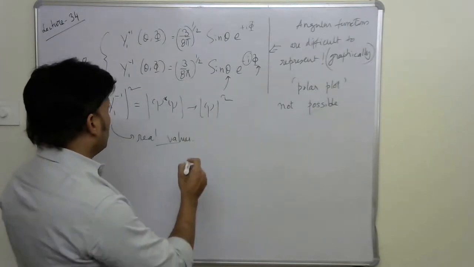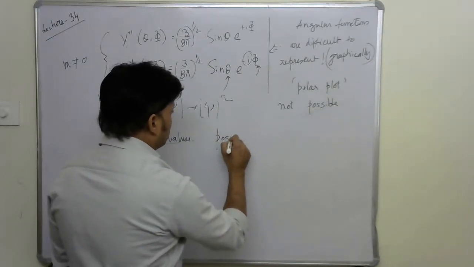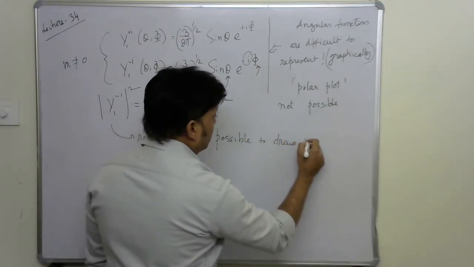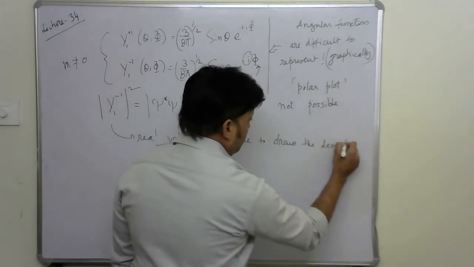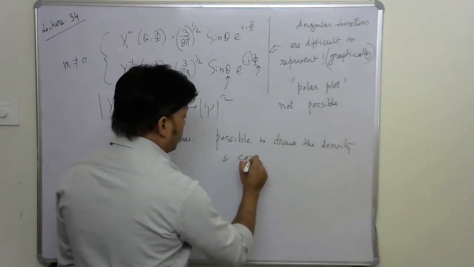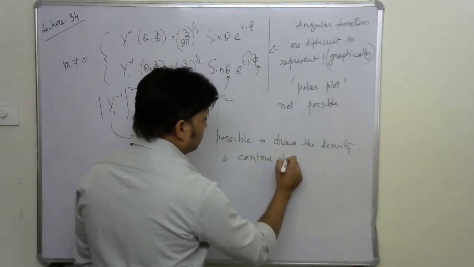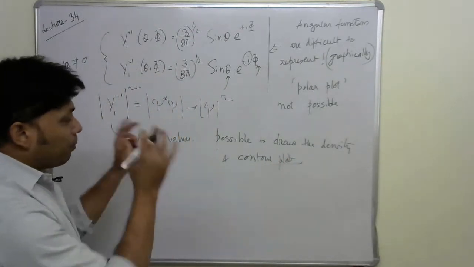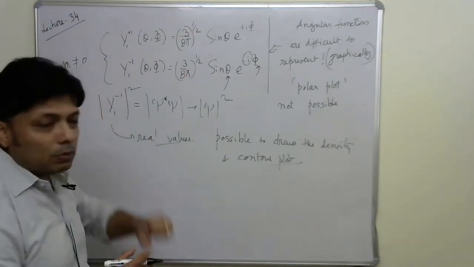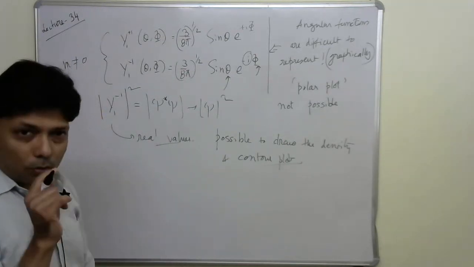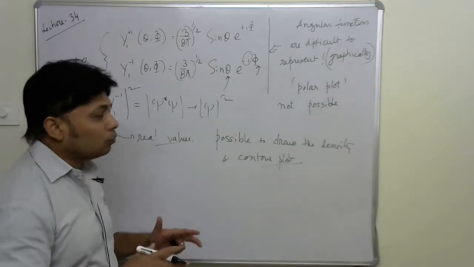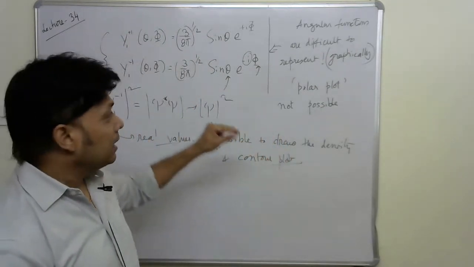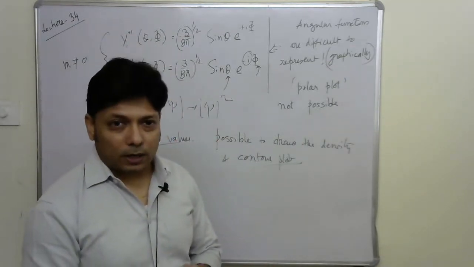Therefore, it is very much possible to draw both the density plot, meaning the dot plot, and the contour plot. So one can know the shape of the orbitals for px and py, not a problem. But the only major problem is, how do we know at which angle or along which axis the px and py orbitals are located?